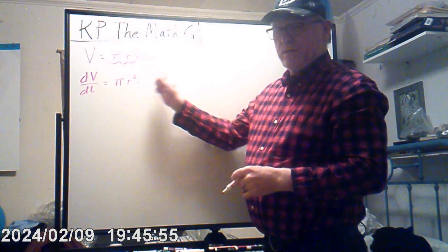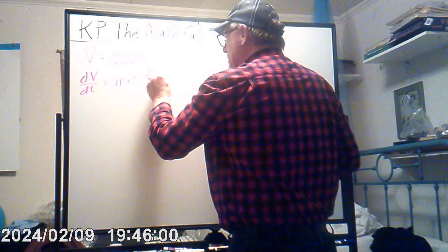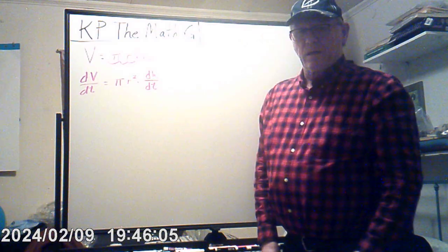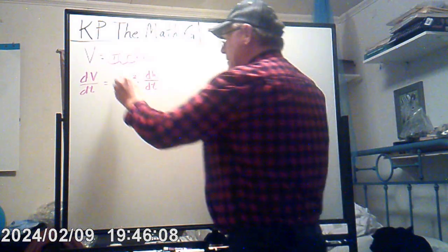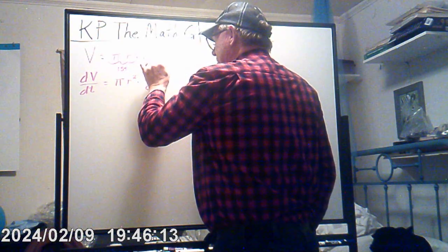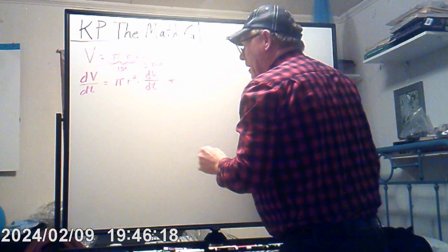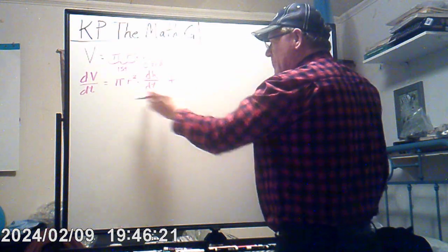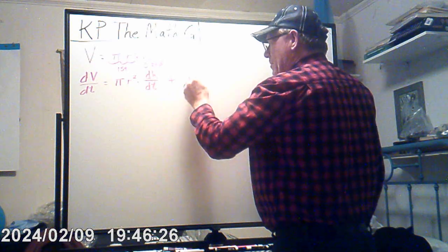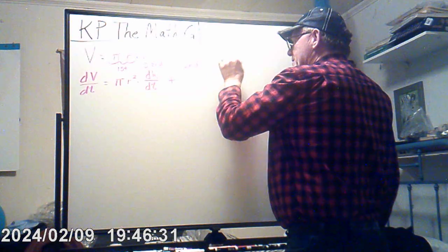The derivative of h is 1 times dh over dt, which we're looking for. Like that. The first times the derivative of the second, plus the second times the derivative of the first.